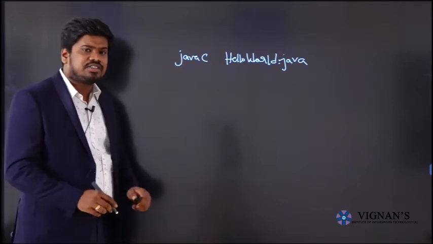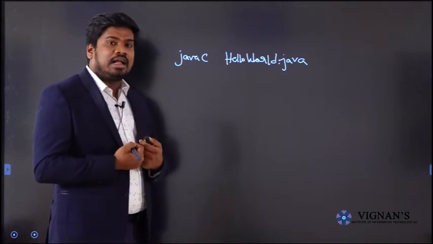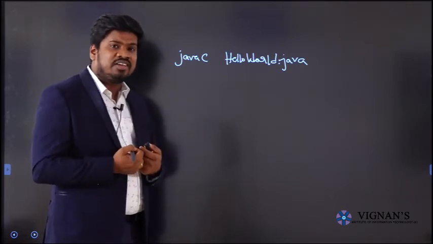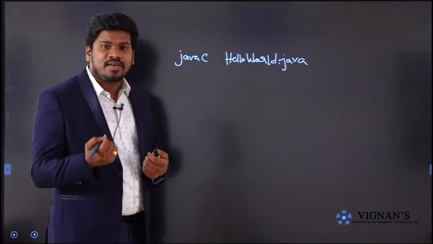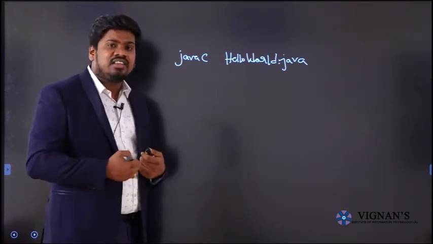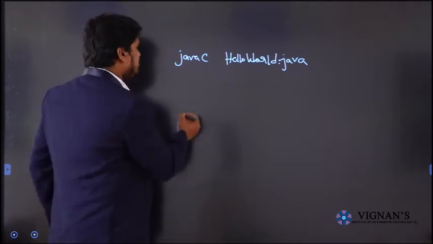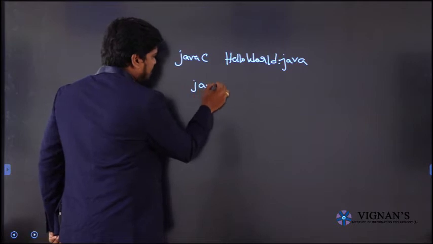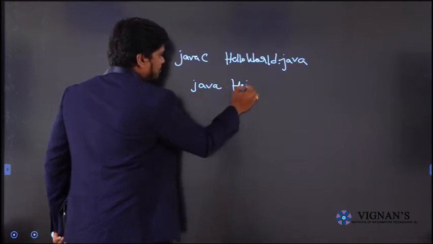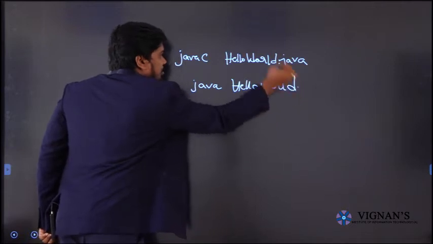If there are no errors and it was successful, then the compiled code will be given to the JVM, the Java Virtual Machine, and the JVM will convert that code into machine dependent code. For that, next I will run java HelloWorld.